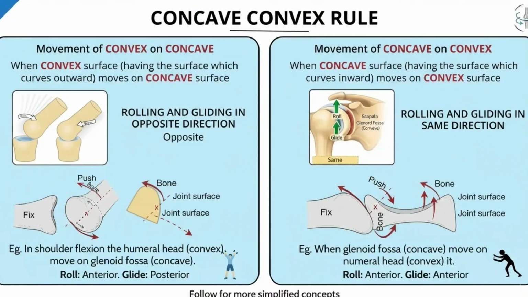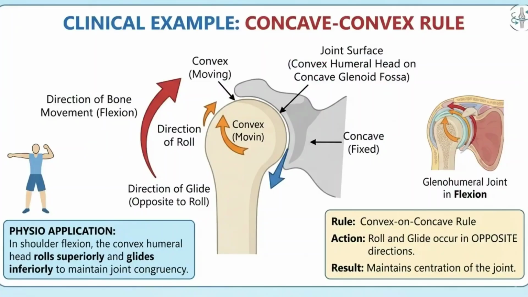Concave moving on convex, roll and glide are in the same direction. This principle is especially useful when analyzing joint movement and manual therapy techniques. However, remember that real human joints can have more complex mechanics. So the concave-convex rule is a useful framework rather than a complete description of every joint movement.